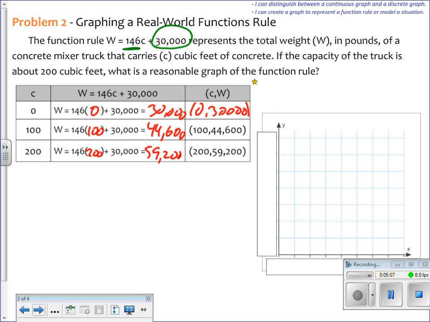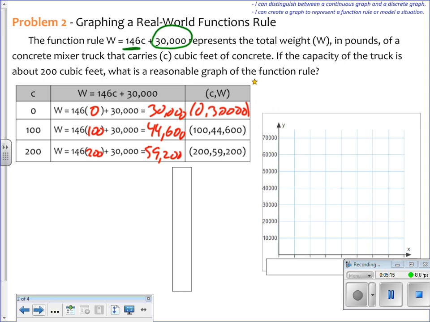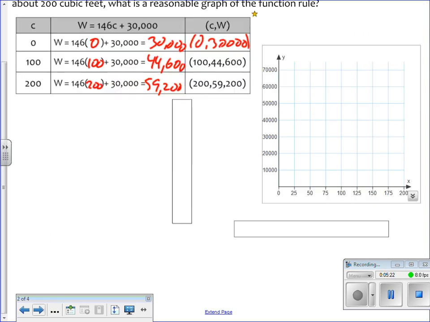Now, our scale, we don't have to have ones and whatever. We can do whatever scale we want. On the vertical scale, we go from 0, 10,000, 20,000. Each line represents 10,000 pounds. On the horizontal scale, we represent 0 through 200. These are the points in between.